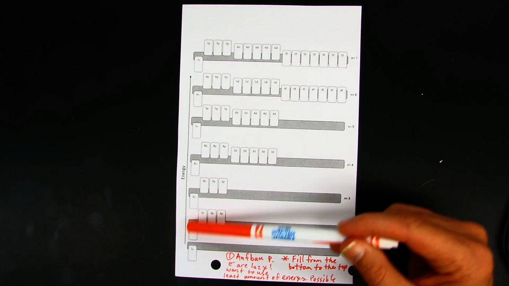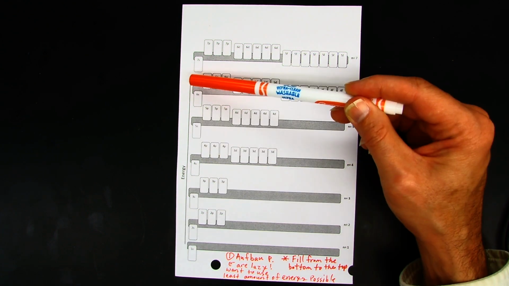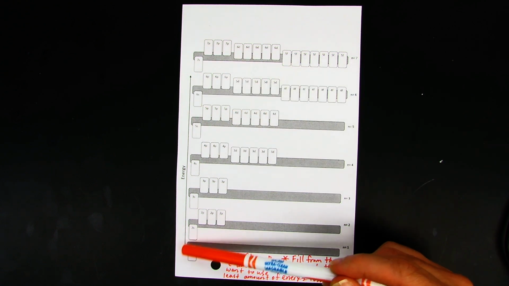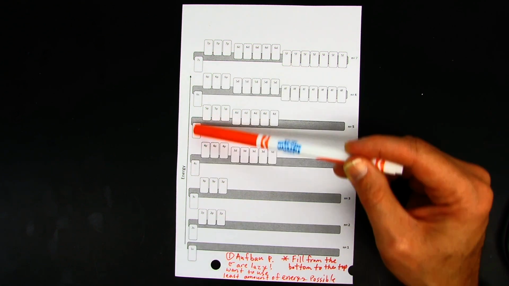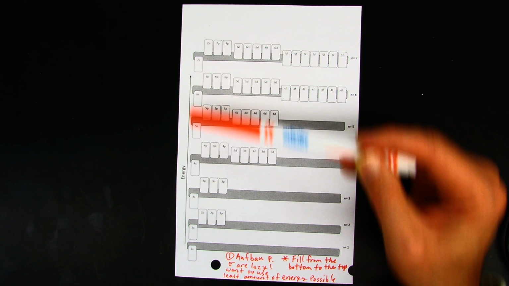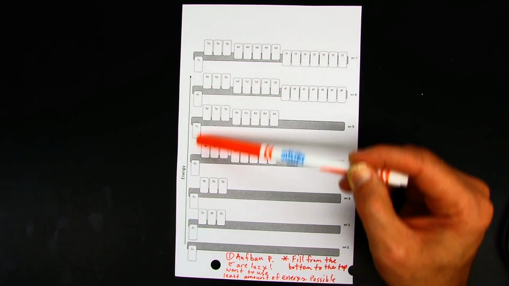So the arrow is going up. Here we have low energy, and here we have high energy. As you go up, the energy levels get higher. So where is the nucleus in all of this? The nucleus is down here. So let's put a nucleus down there.